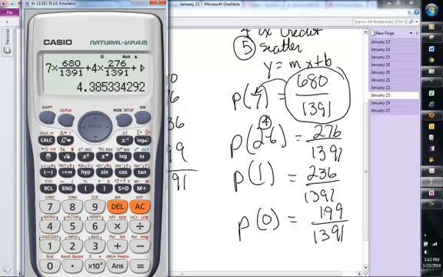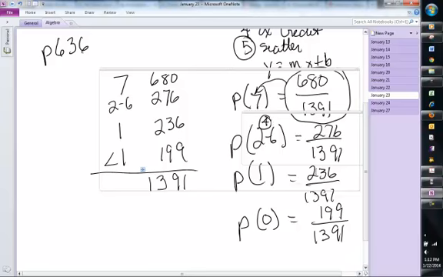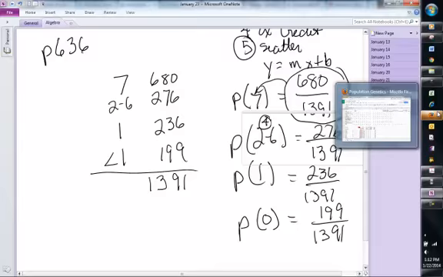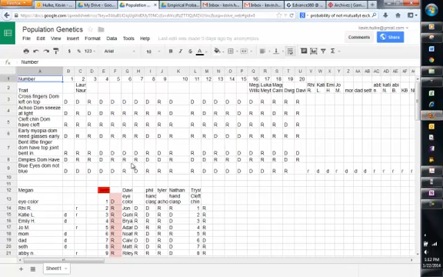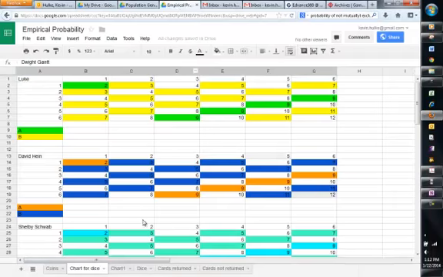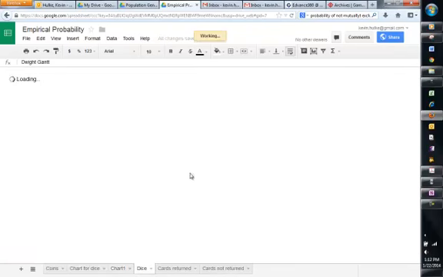So that's what we're going to be doing for Friday. But for today, I think you have enough stuff that you can do a probability distribution, not theoretical probability, but a probability distribution for your dice tossing.